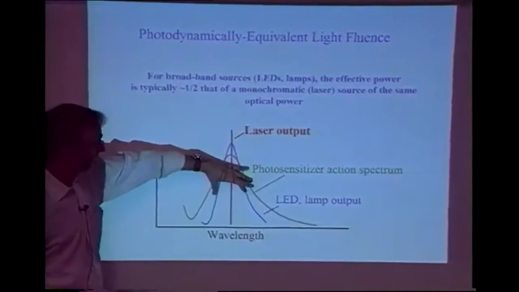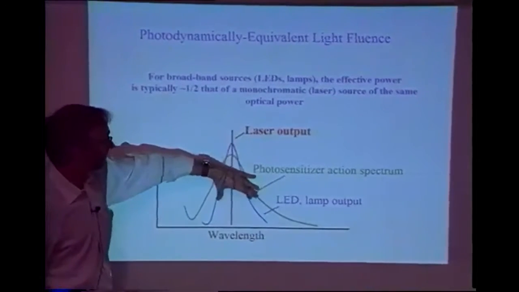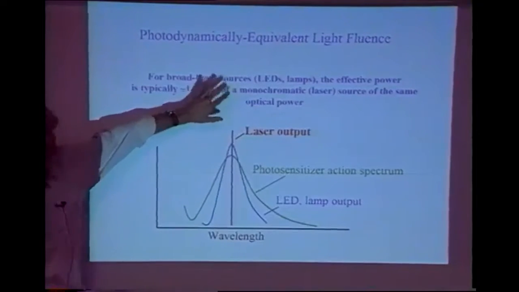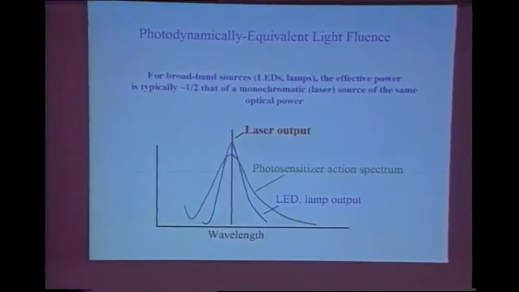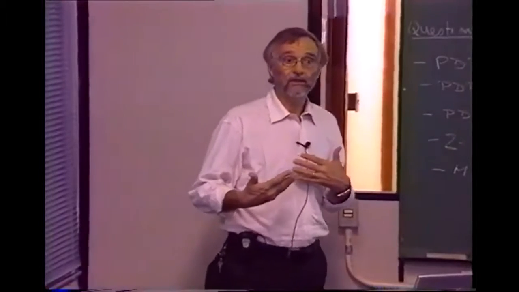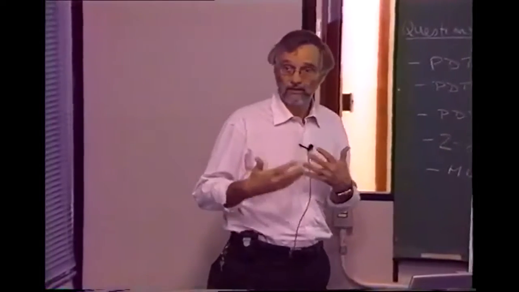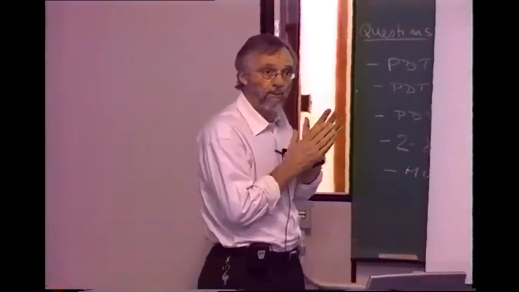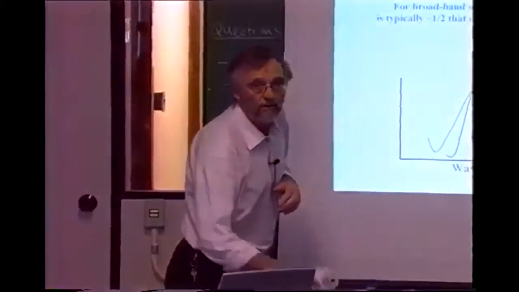So generally for LEDs and for filtered lamps, you find that the effective output power is about half of the output power of a laser at the equivalent central wavelength. So it usually requires about twice as much light with an LED source as a laser source at the central wavelength.